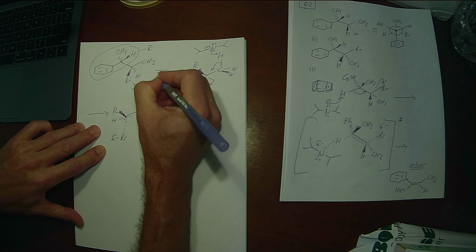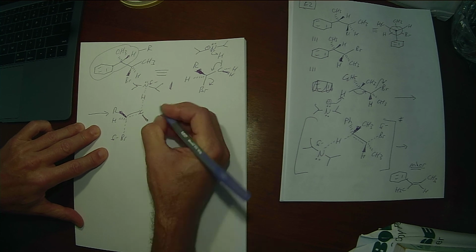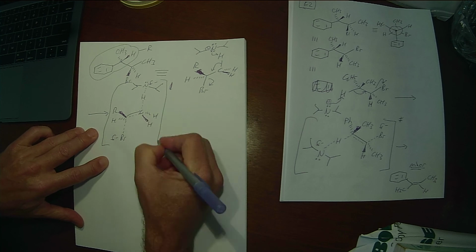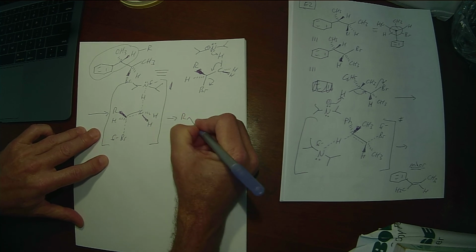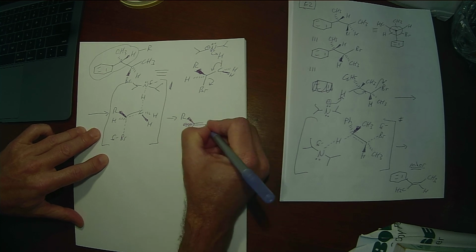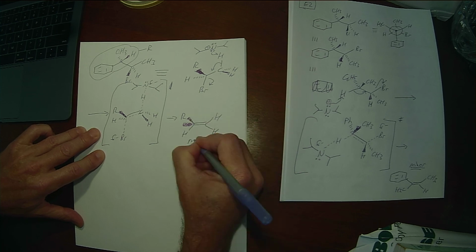Right, there's a delta minus on the nitrogen and a delta minus there. And I got 2 hydrogens here, so there's my transition state. And then my product is this R group, the hydrogen. Got my double bond and 2 hydrogens out there, it looks like that. So that's my major product.